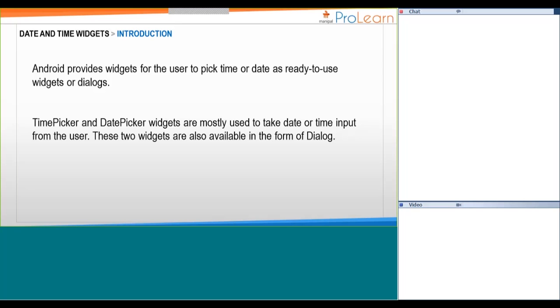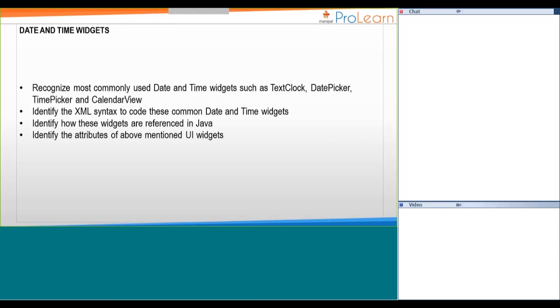It is very difficult for us to create a time kind of or a date kind of control, right? So by default, Android provides you the date and time picker controls, where you can just show the controls and let the user select the date and time. So we'll be seeing some of the widgets like text clock, date picker, time picker, and the calendar view control.